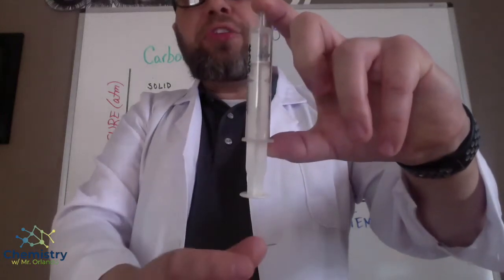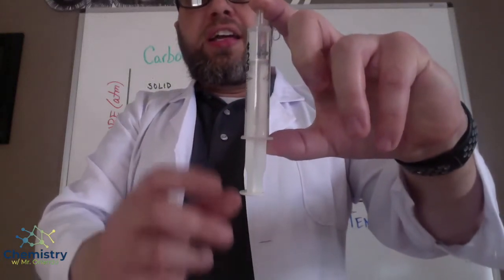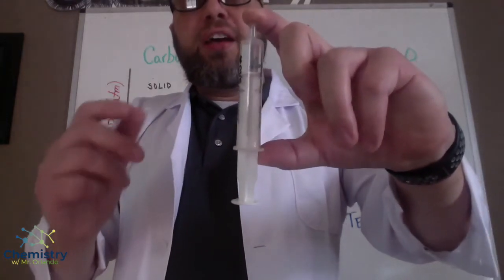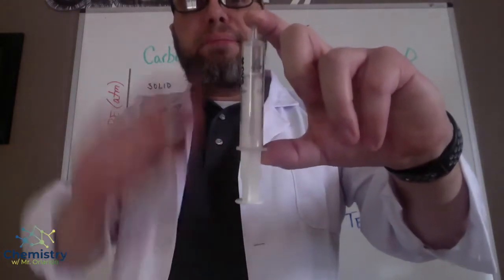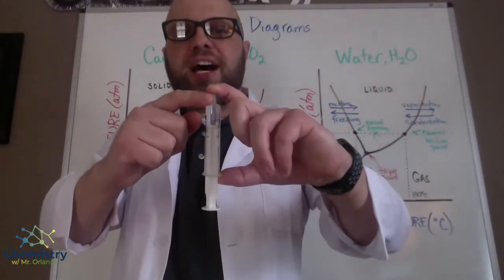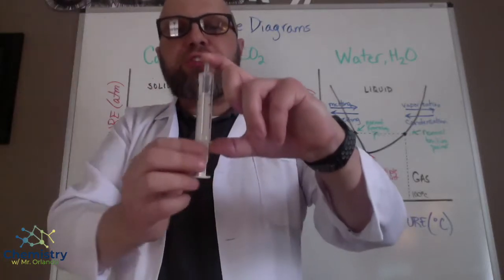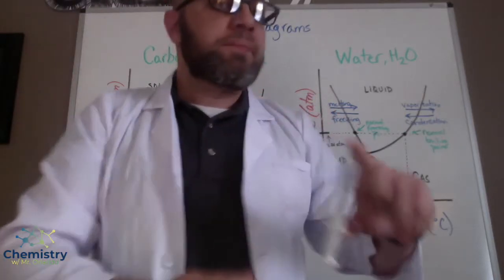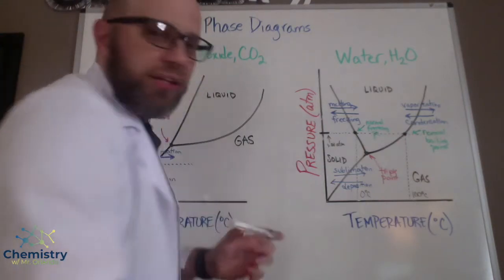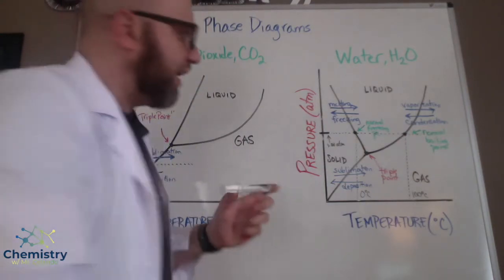When I pull down on the syringe, the pressure inside is going to be lower. And the reason is volume is going to go up, but air is not going to be able to fill into the syringe because I'm blocking off the top. So I'm going to lower the pressure by pulling down on this plunger. Now, according to my diagram, here we are at room temperature. So let's say room temperature is around 25 degrees Celsius.